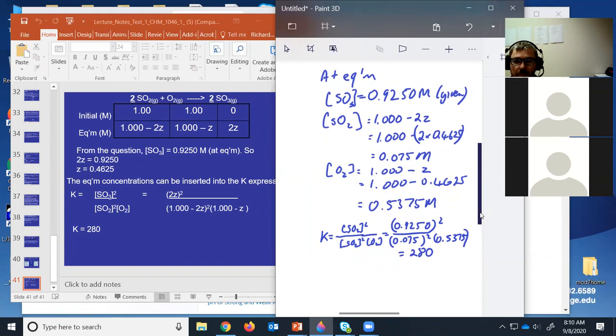I got 282. Sorry, 282.9. 282.9. Gosh, does anybody want to tell me why I just wrote 280? Is it just because I couldn't be bothered writing the rest of it? Any thoughts?